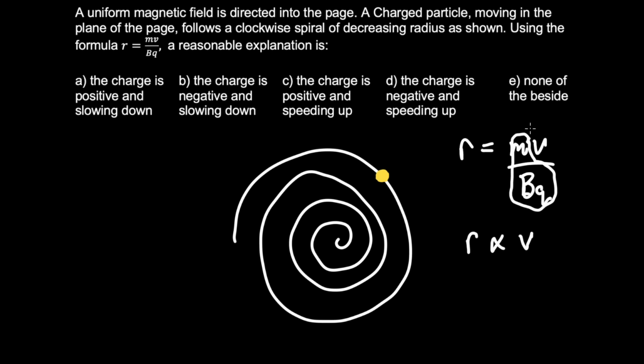So let's just assume that they're 1 for this instance, and then we can get this equation. So proportional just means that an increase in one results in an increase in the other. So conversely, if the radius decreases, the velocity, or the speed, will also decrease. So therefore, we know that the charged particle should be slowing down. So we can cancel out these two options.